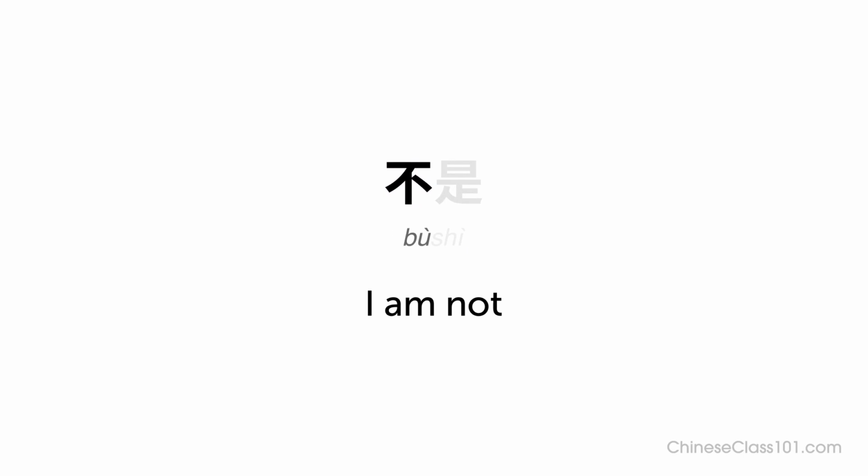This starts with 不, not. It's used to form a negative. Next is 是, here, am, as in I am not. Together, 不是, here, am not.